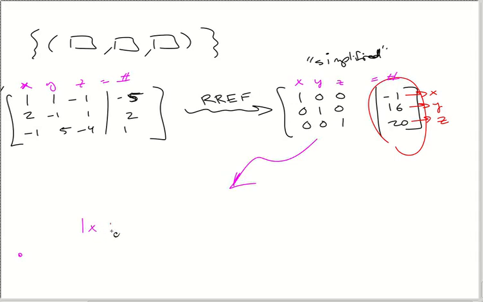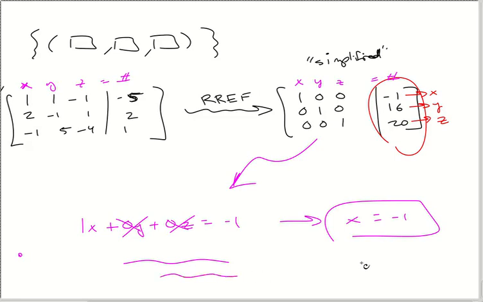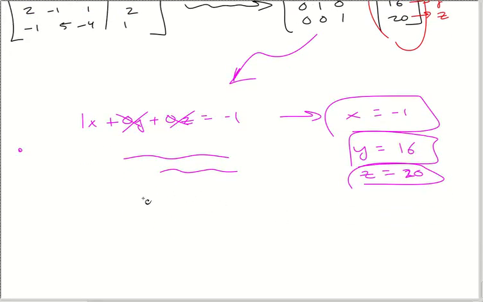I got a 1X plus a 0Y plus a 0Z is equal to negative 1. Well, we don't need these, and so what you end up with is X equals negative 1. Ta-da! All the others are very similar, and you get those same answers. That's why we don't actually have to write it, because they're already done.